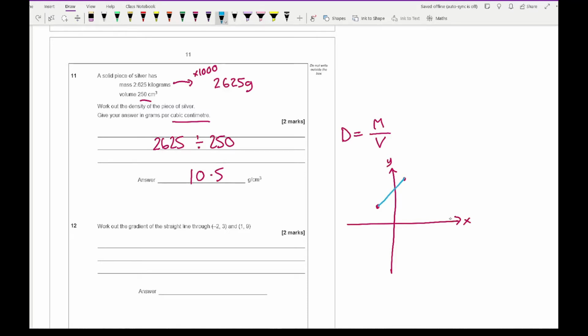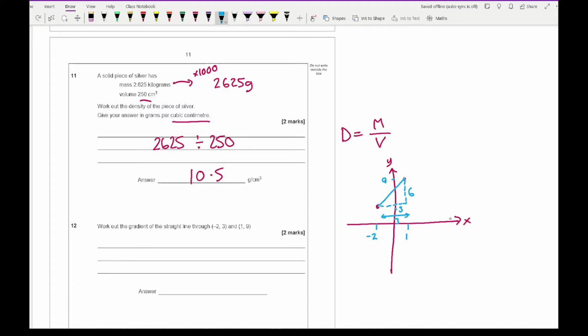Now from this, if I know that this point here is at 9 and this point here is at 3, it means that the height of this triangle is going to be 6. And if this point here is -2 and this point here is 1, it means that the base of that triangle is going to be 3. So I'm working out the gradient.